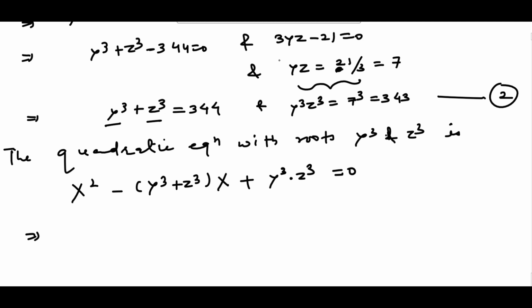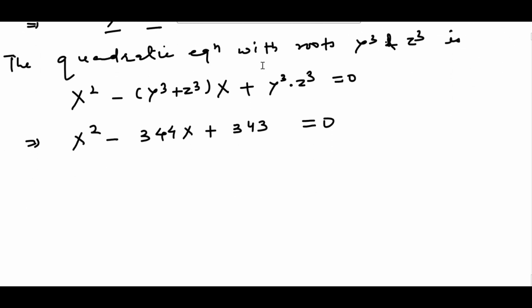Substitute all the values from equation 2. We will get X square negative 344 multiplied by X plus 343 is equal to 0.